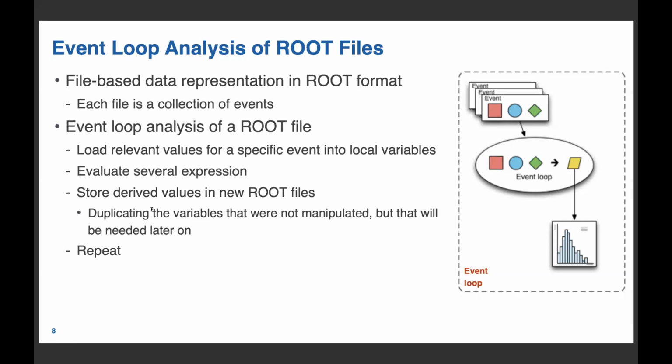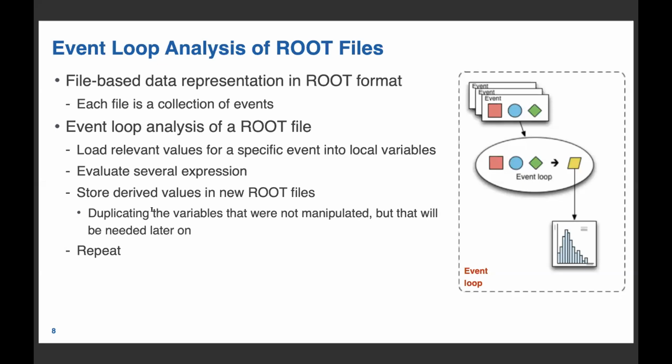So you want to loop over files and over events in a file, and at each single round of the loop, you're going to load values per event. You're going to evaluate several expressions. You're going to store the output of this computation in a different ROOT file.